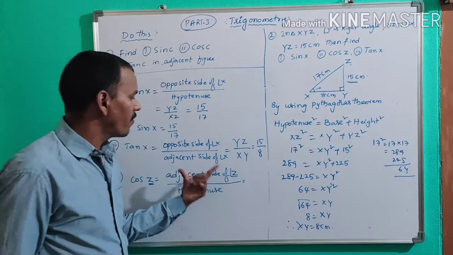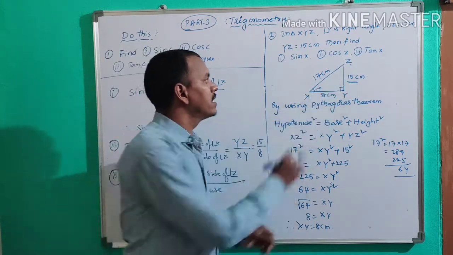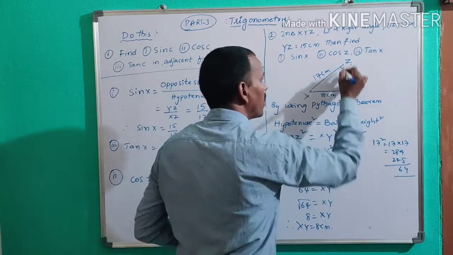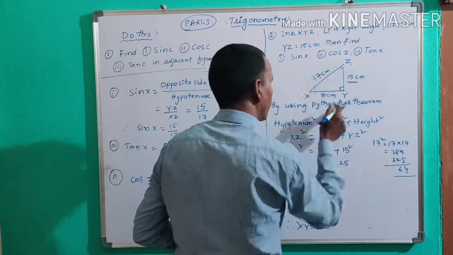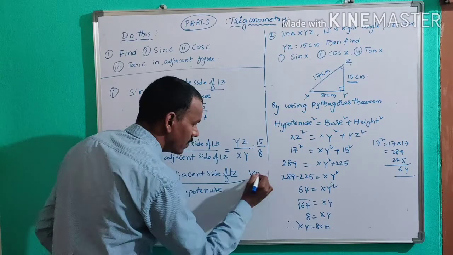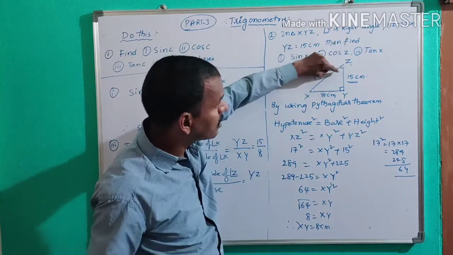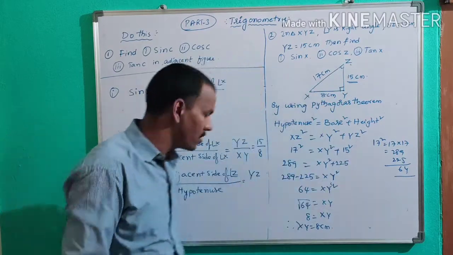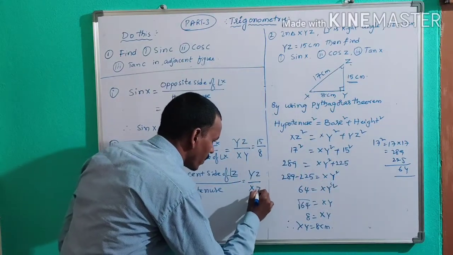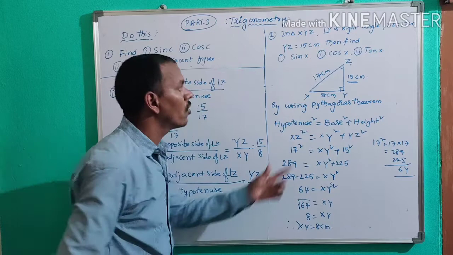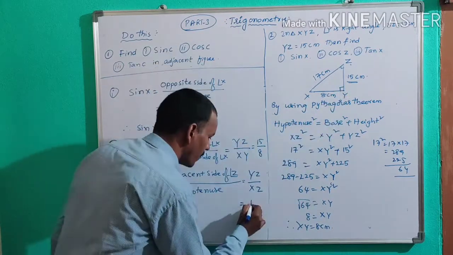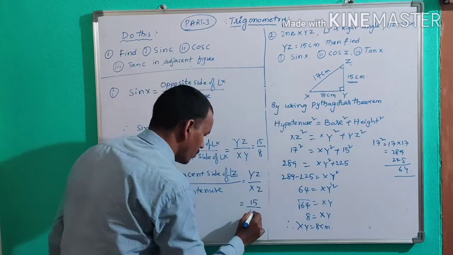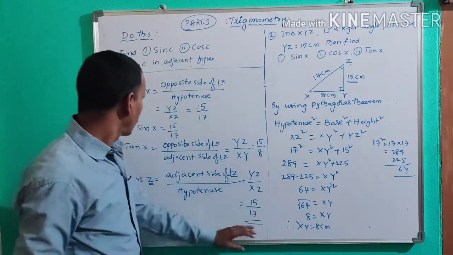Where is angle Z? Not X, Z. The adjacent side of angle Z is YZ, because it is beside the angle. And the hypotenuse is common, that is XZ. YZ is 15 and XZ is 17. That is cos Z.